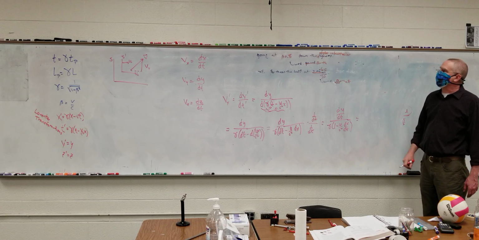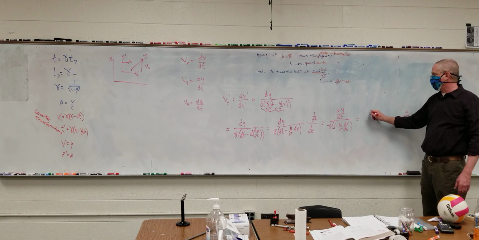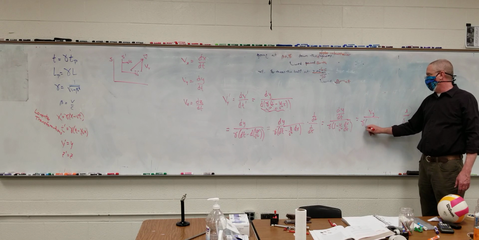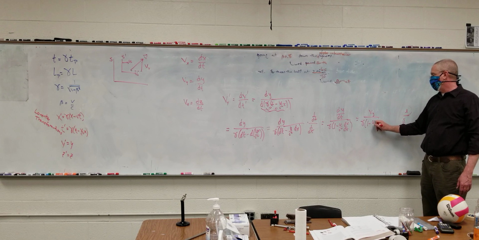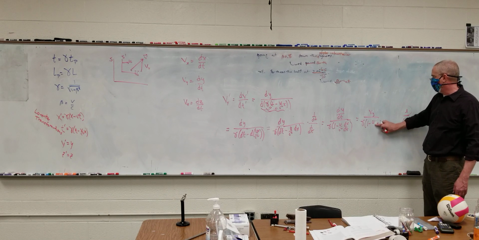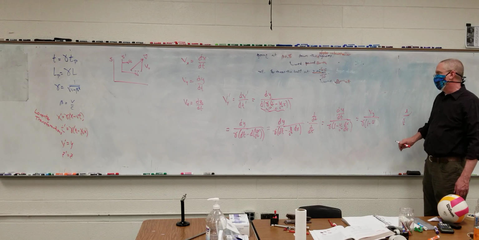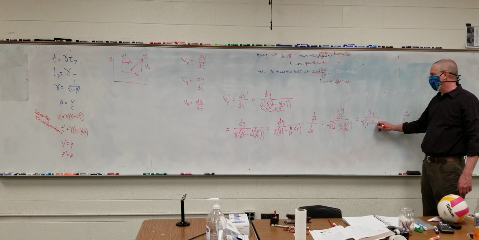And so dy/dt, that's just how fast the thing's going in that direction. So this is Vy over gamma times (1 minus u Vx over c squared). Oh, sorry, yeah, that's x.